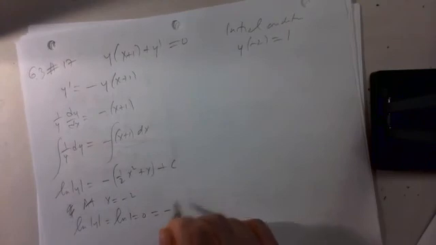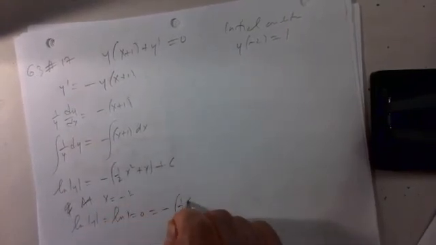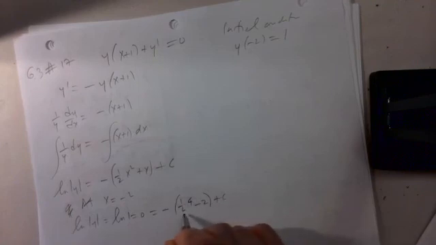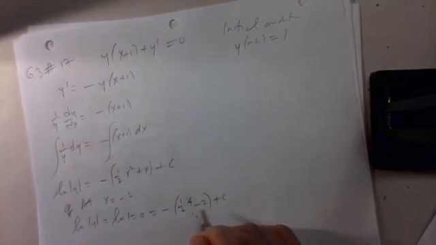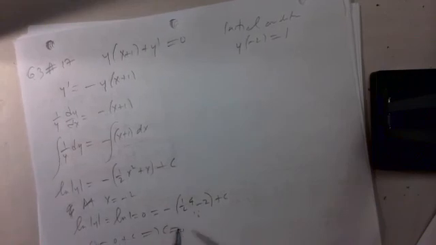At x equal negative 2, the log of the absolute value of y is the log of 1, which is 0, is equal to minus 1/2 x squared, that's 4, plus x, which is minus 2, plus c, this is 0. So I get 0 equals 0 plus c, which means c is equal to 0.